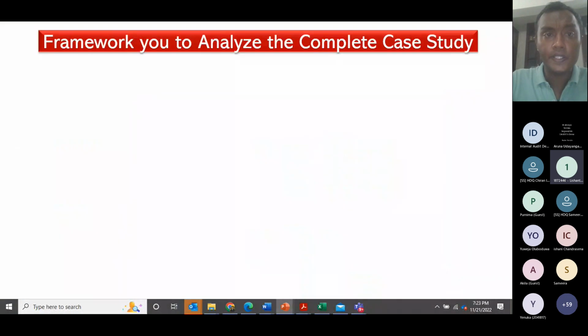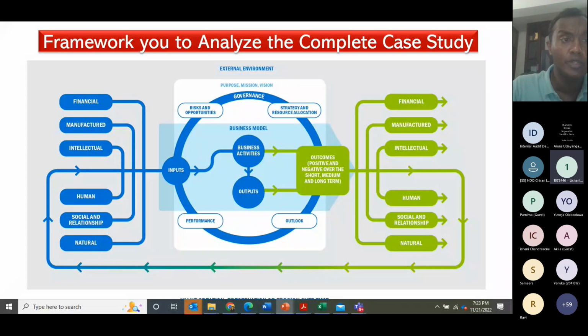So the power behind this is that the entire story of the business can be explained using Six Capital, and you can look at this business, right? How Six Capital works, which company provide the financial capital, right? What are the manufacturing avenues where they used to create value? Sometimes it's not just manufactured capital.